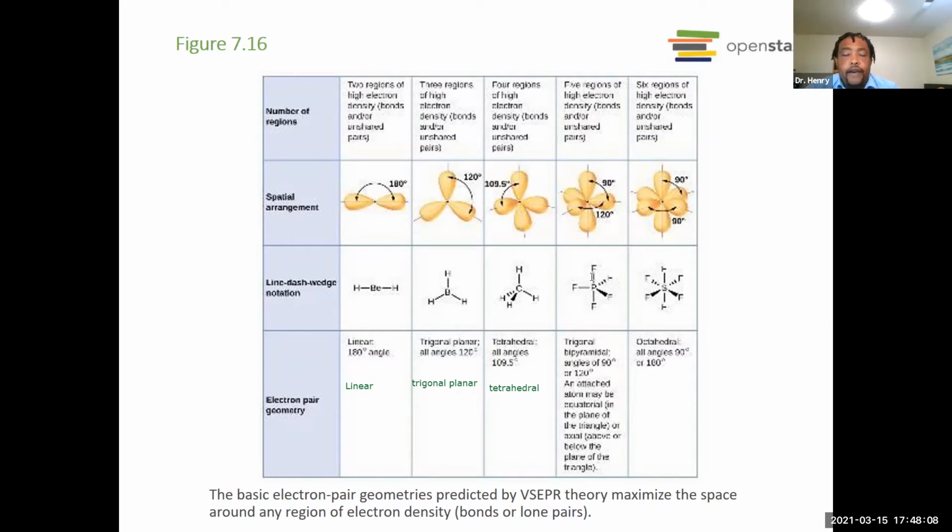In this case, we have five things attached. So we're going to have one at the top, one at the bottom, and then a trigonal planar in the middle.